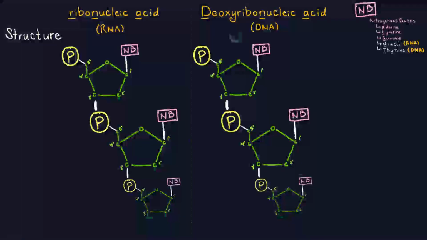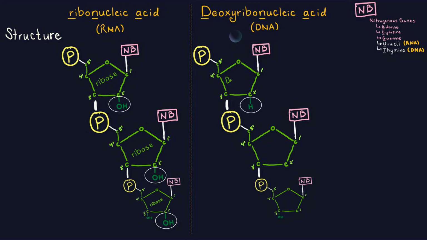Now there is one more major structural difference between RNA and DNA. We already touched on how the sugar is slightly different between RNA versus DNA, where RNA has the ribose sugar subunits and DNA has deoxyribose.